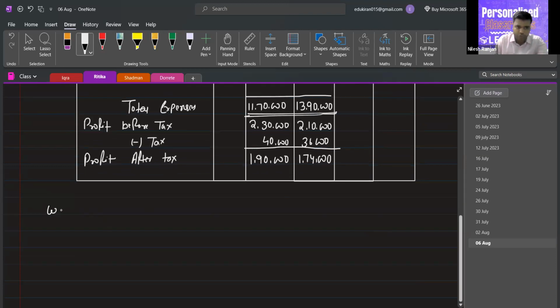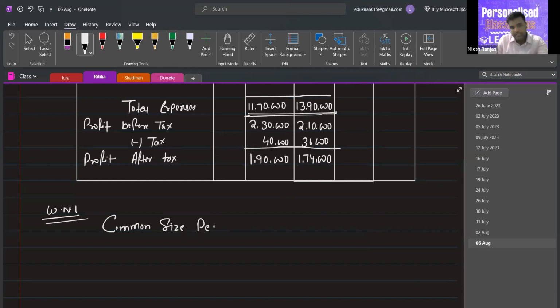So we have to do a working note for calculation of all the common size percentages. You will write the heading common size percentage, and then you will calculate percentage for each item, like purchase of stock in trade.